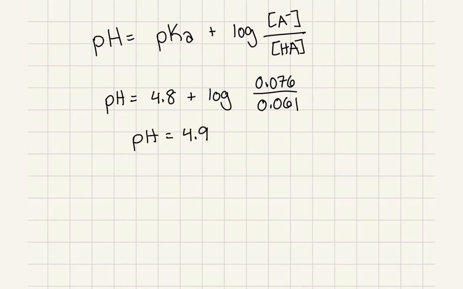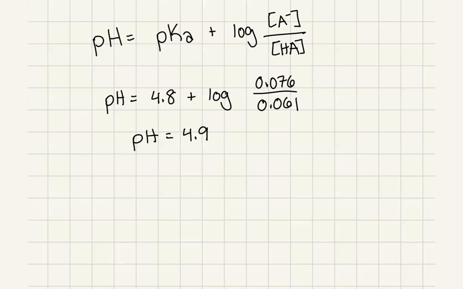So does this make sense? Well, remember that we started with a pH of 5, and now we've reduced that. So yes, it does make sense. If you were to think about it without taking into account that the pH had been adjusted at the beginning, you might be confused, wondering how our pH is higher. But remember, we started with the table stacked with more of our A- than our HA.